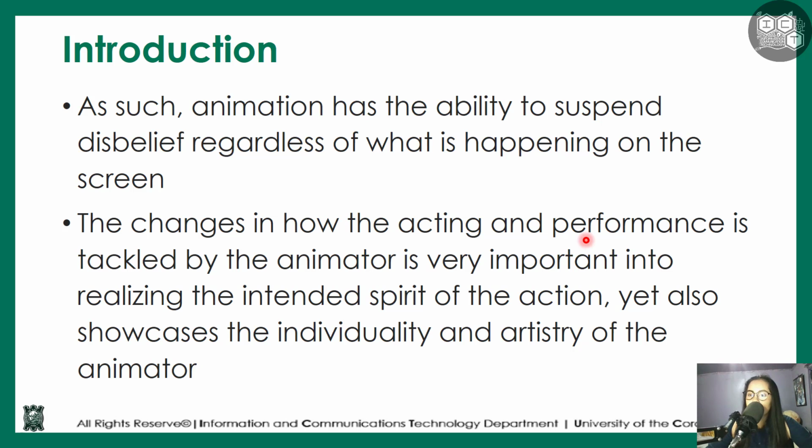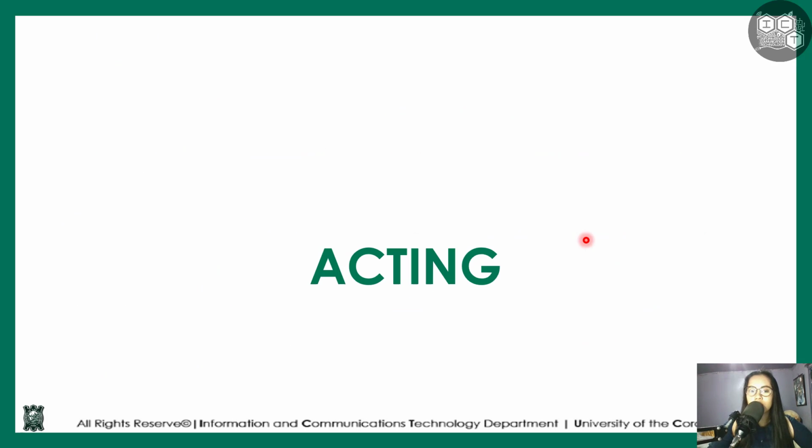And as animators, I hope that by the end of not only this module, but also your animation NC2 journey, you're able to understand what matters to you as an animator. And there are a lot of different ways on how you can do that. For this lesson, we'll only be focusing on three. We have acting, composition, and flexibility.